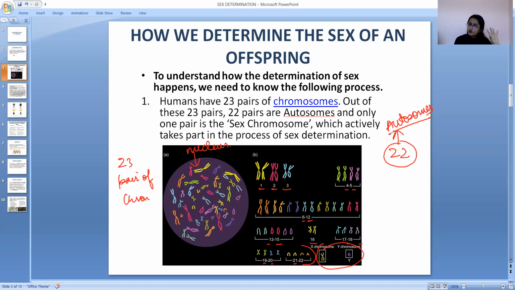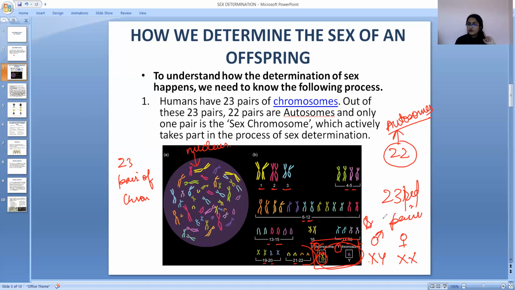But the last 23rd pair is different. In the case of male, that is X and Y. In the case of female, that is XX. The last pair of chromosomes is different in male and female.